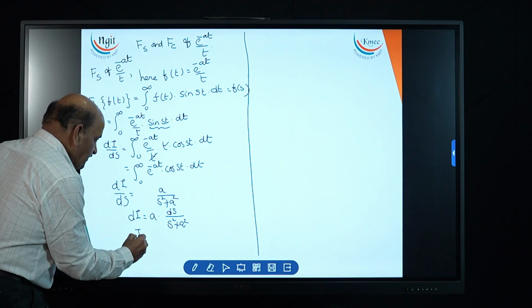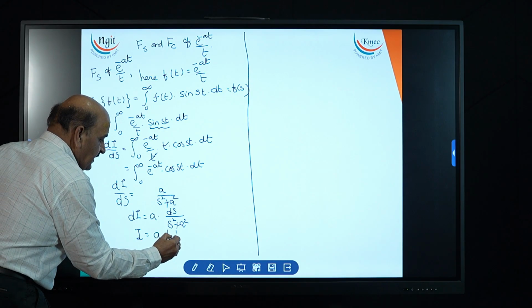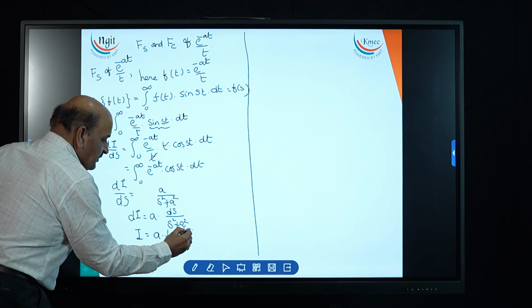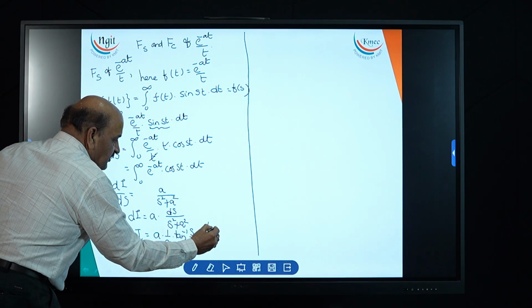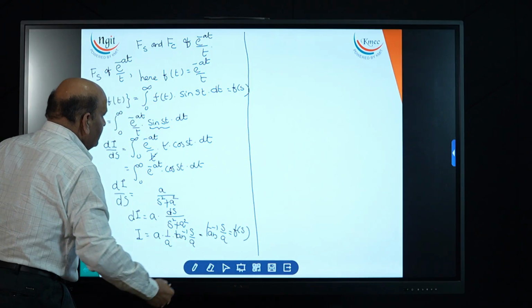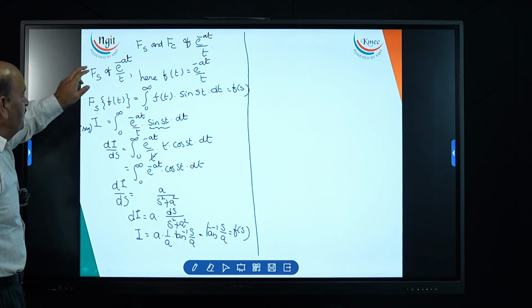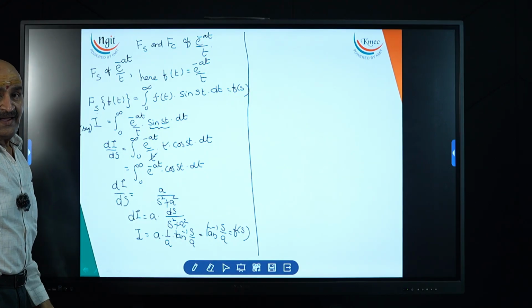So integrating both sides, this is I, this is a into 1 by a tan inverse s by a, the a cancelled. This is equal to tan inverse s by a. This is what? F of s. So now the Fourier sine transformation of this equals tan inverse s by a.